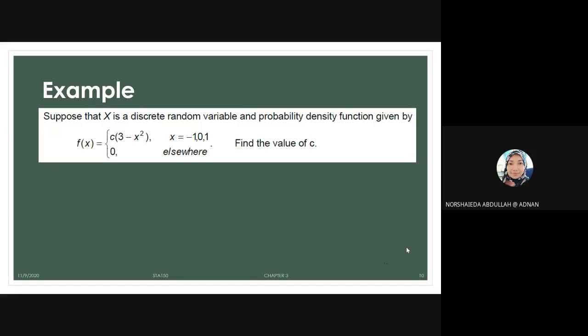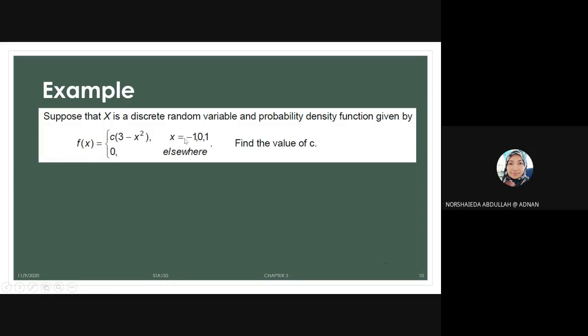Okay, so the next example. Okay, so this is another way. We want to write down the probability distribution function. Okay, the f(x) is another way we can write it. We can write it as a mathematical function. Okay, so in this question we are given the PDF f(x) equal to c times (3 minus x squared) for x.